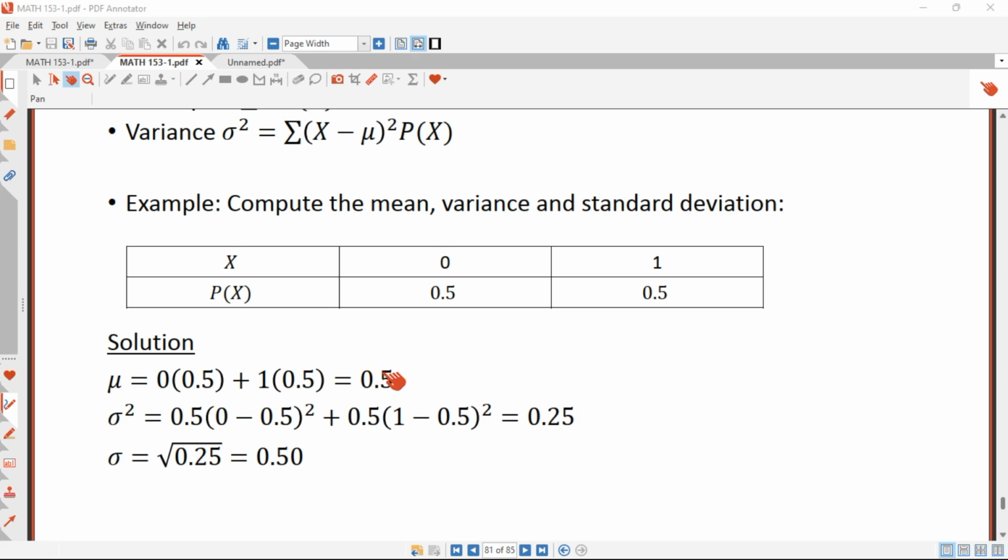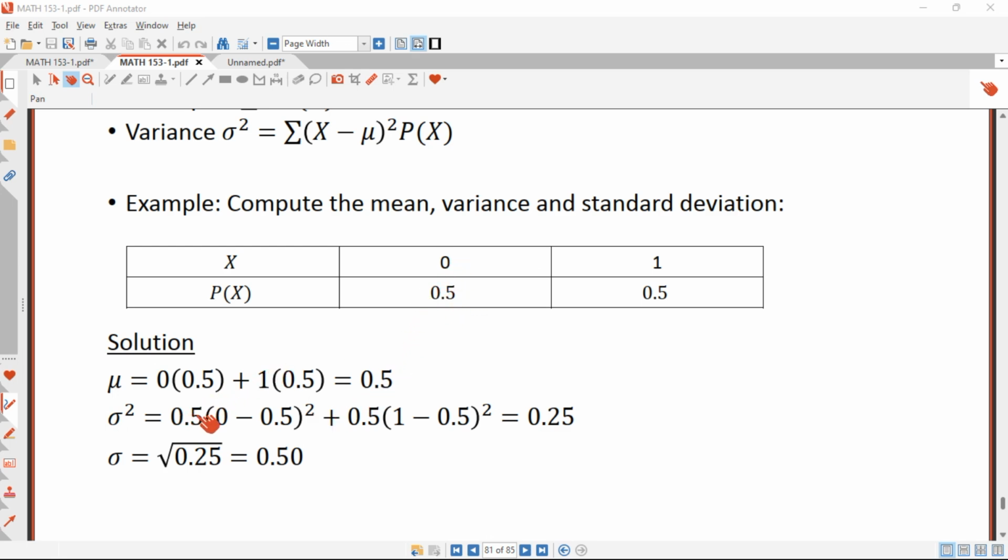What about the variance, right? The variance too, I taught you how you find it, right? It is the summation of X minus mu all squared times the probability. So X will be our random variable 0. So when we come here, this will be 0 minus our mean, and we got our mean to be 0.5. So 0 minus 0.5 all squared times the probability, and the probability here is 0.5.